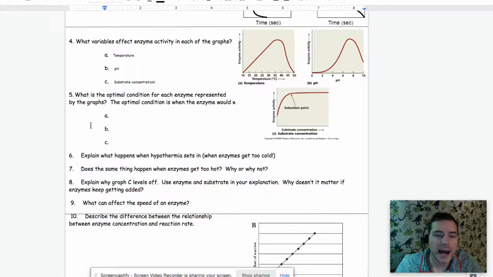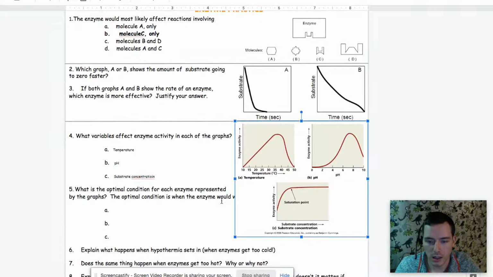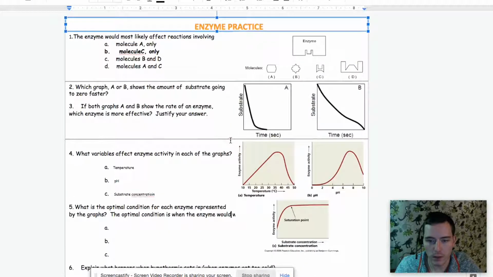Number five, what is the optimal condition for each enzyme represented by the graphs? The optimal condition is when the enzyme would work the best.